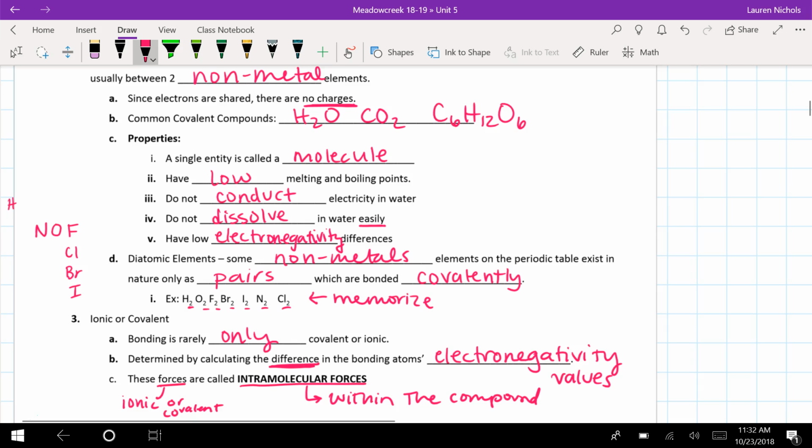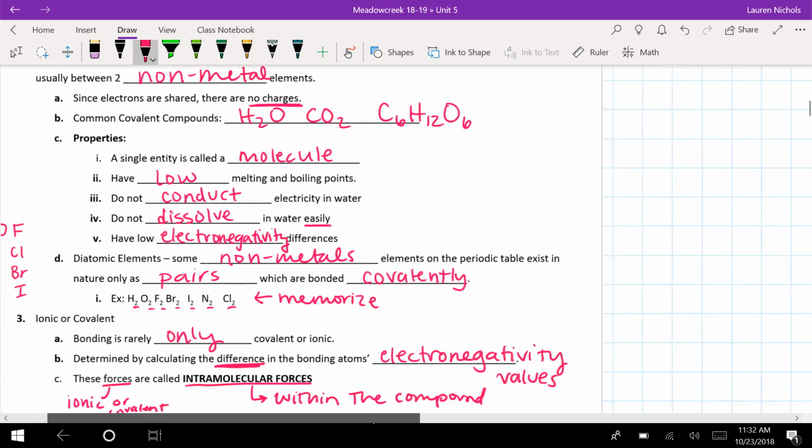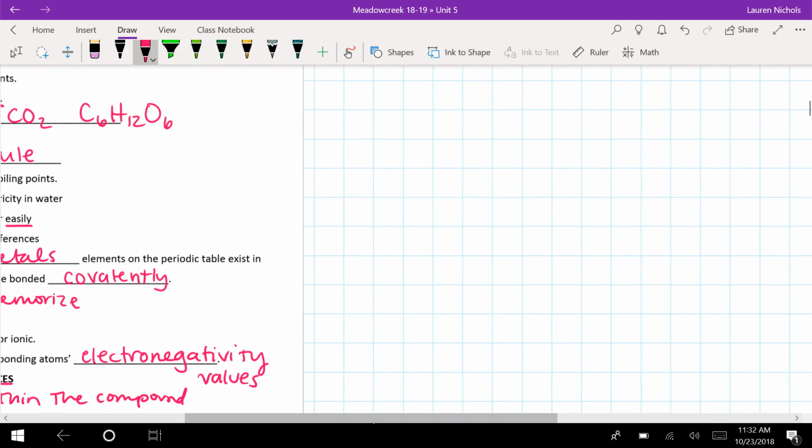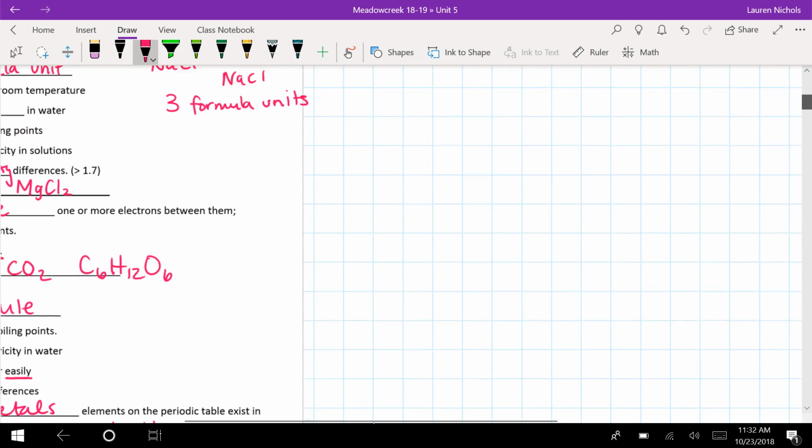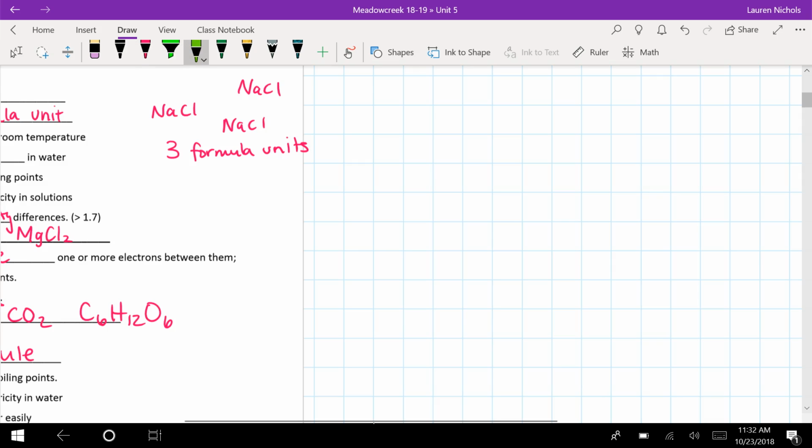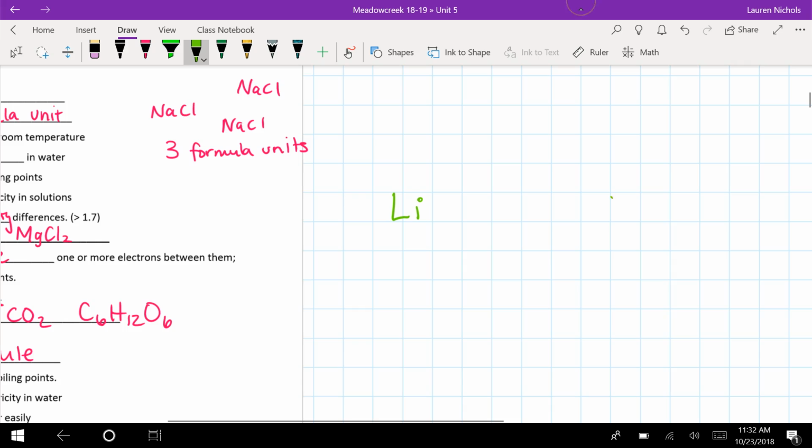One thing I want to review is ionic versus covalent. For an ionic compound, for example, if we have lithium and fluorine: lithium is in column 1. It has 1 valence electron, which means it will lose that electron to become a cation.